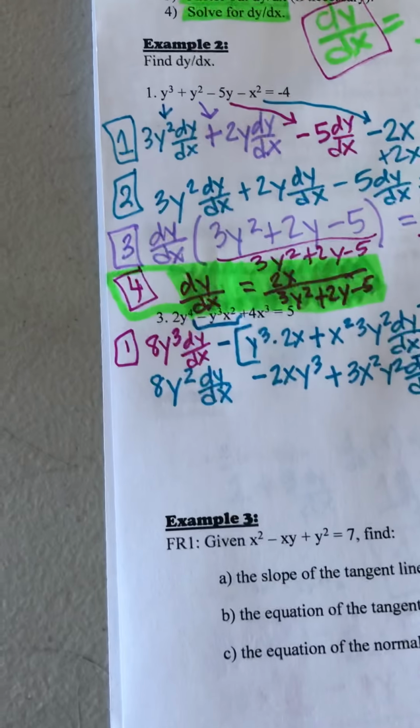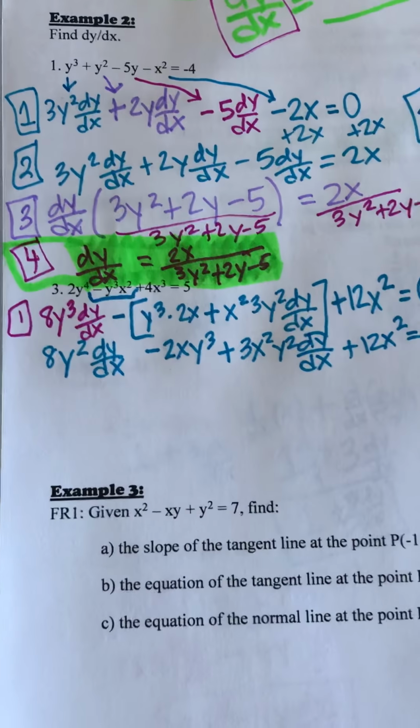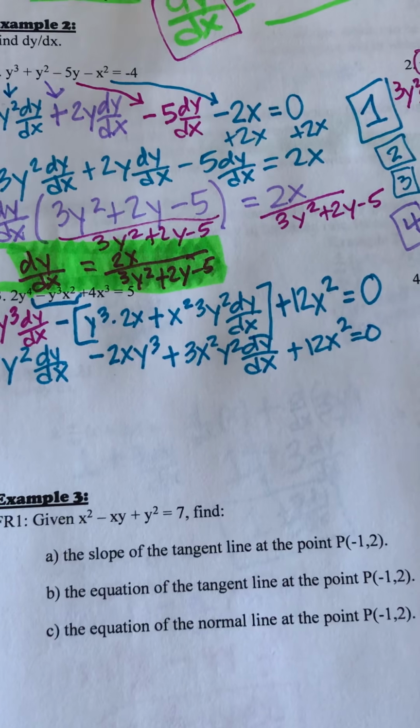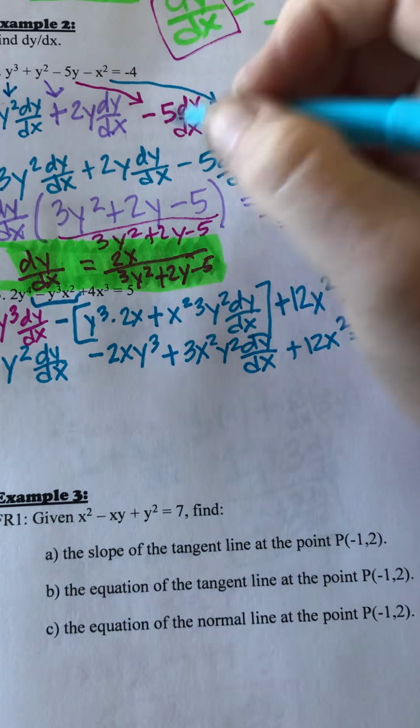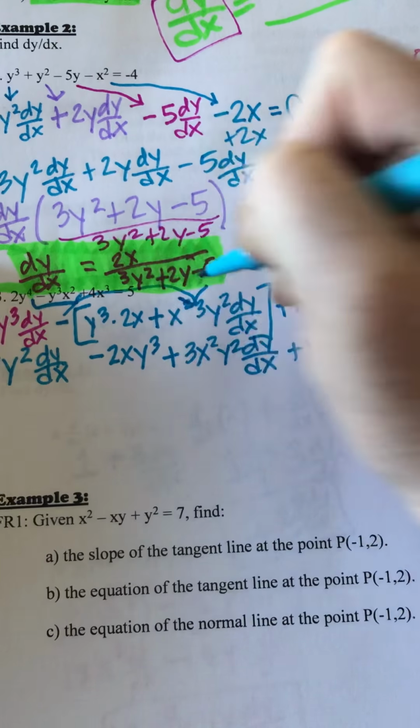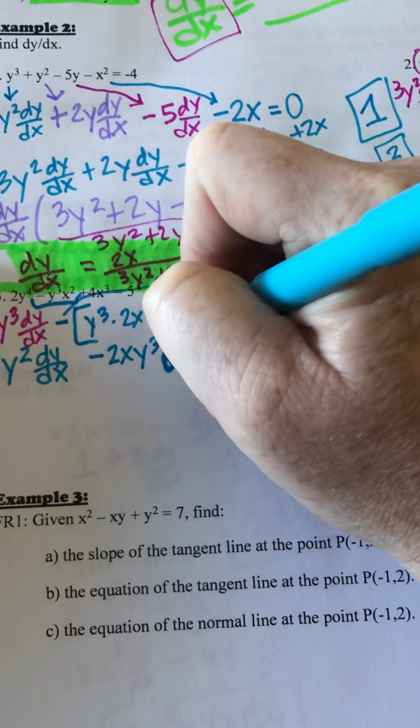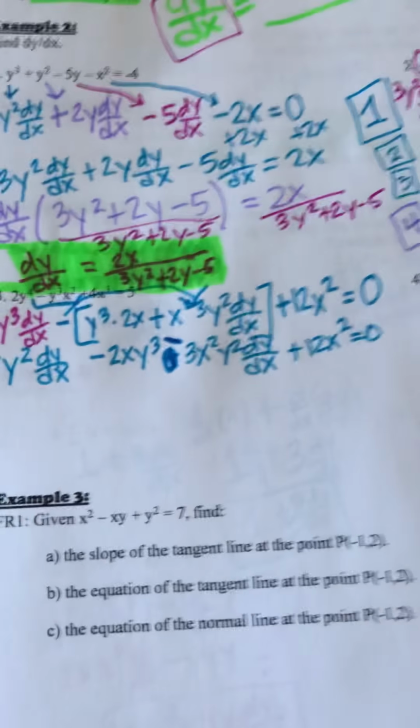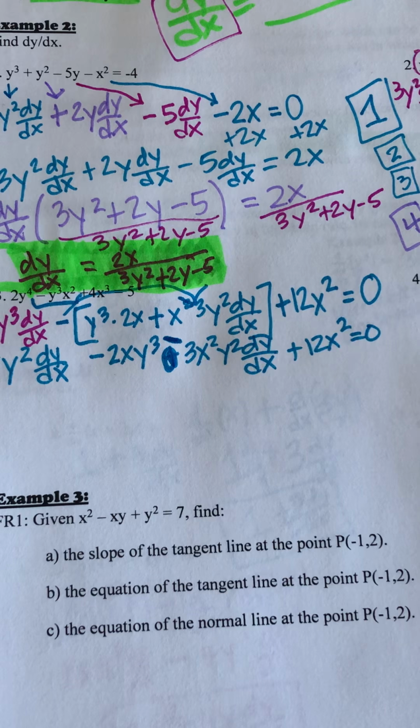So I'm at 8y to the third dy/dx minus 2xy to the third minus 3x squared y squared dy/dx plus 12x squared equals 0. I didn't distribute that, my bad.